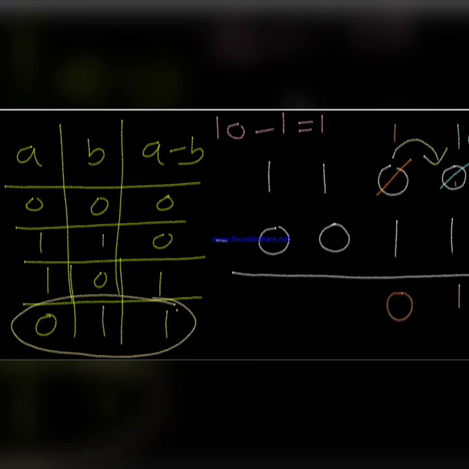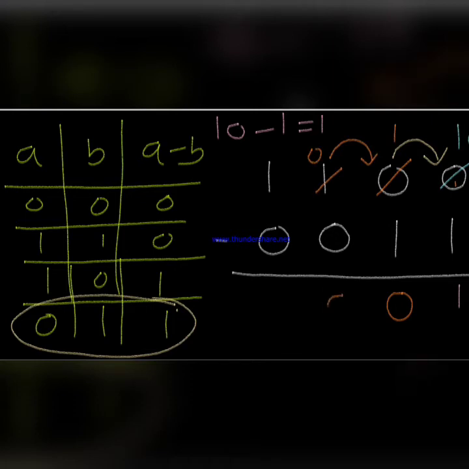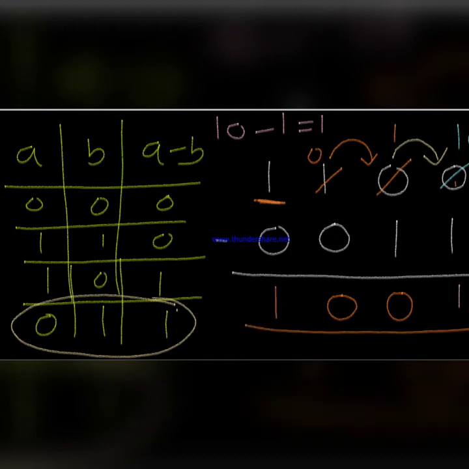Again, because we have borrowed from here, the number becomes 0. So 0 minus 0 is 0. We are not borrowing anything from this number, so it remains the same, that is 1. So 1 minus 0 will be 1. This is how the subtraction works.